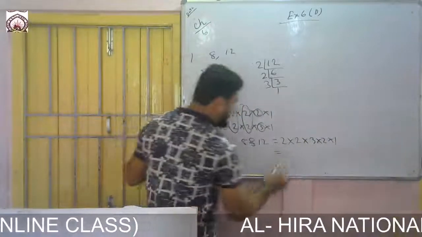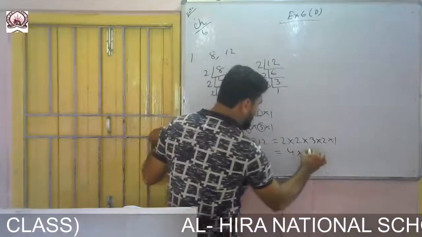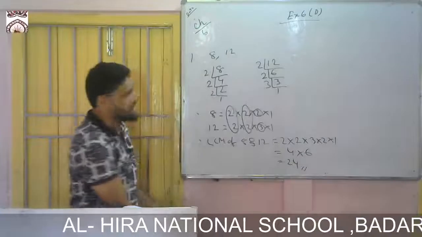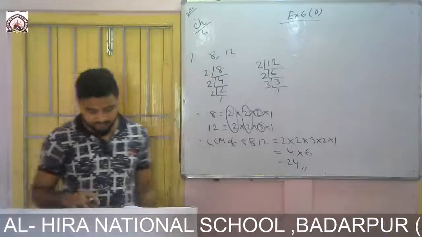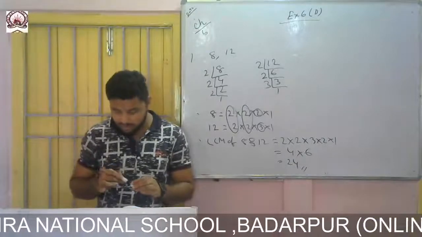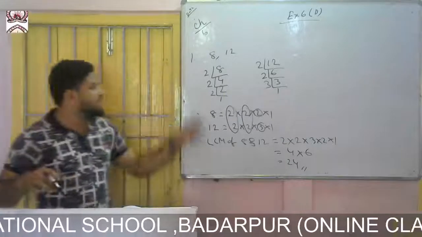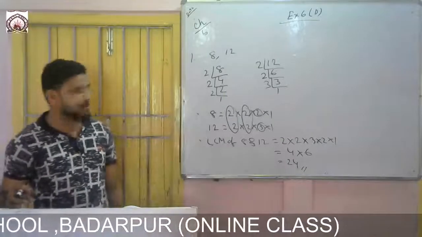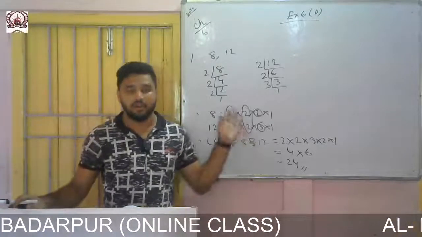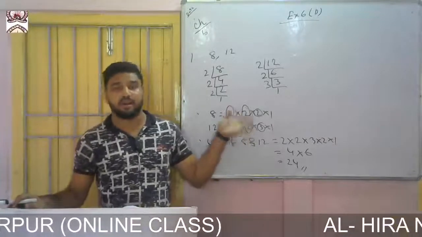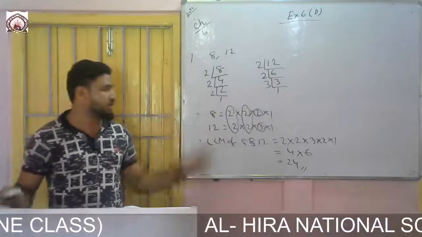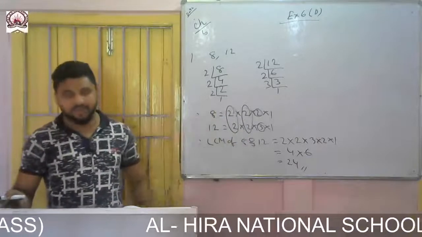Now we multiply: 2 twos are 4, into 3 twos are 6, so it is 24. So the LCM of 8 and 12 is 24. This is how by the prime factorization method we find LCM, whereas earlier we did it with the help of the multiplication table or by inspection.